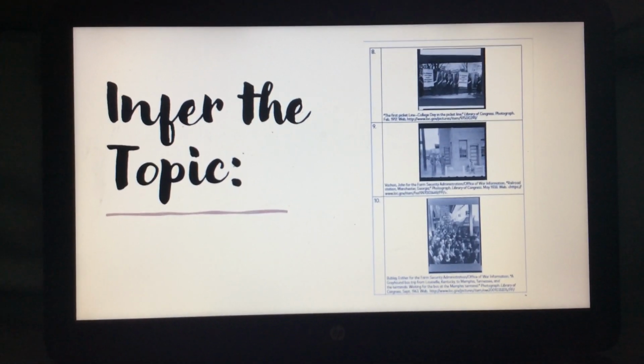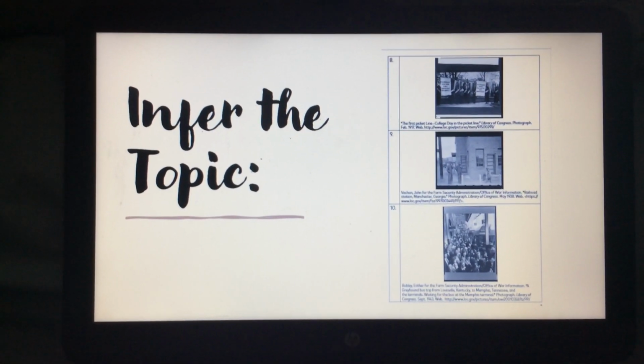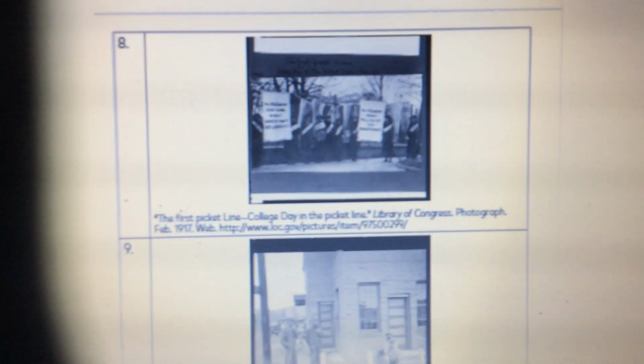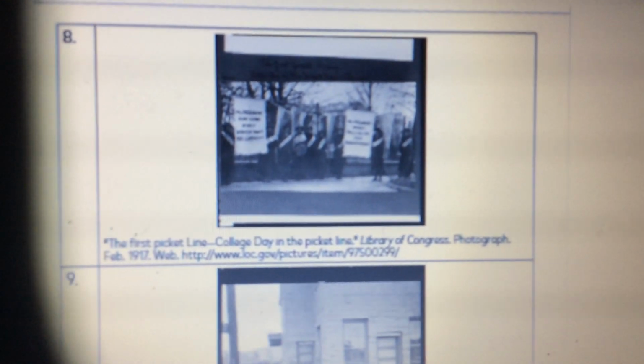Okay, now we have 3 photographs here, and I'm going to come in just a little bit closer to see if y'all can get those. Okay, it says the first is a picket line at College Day.